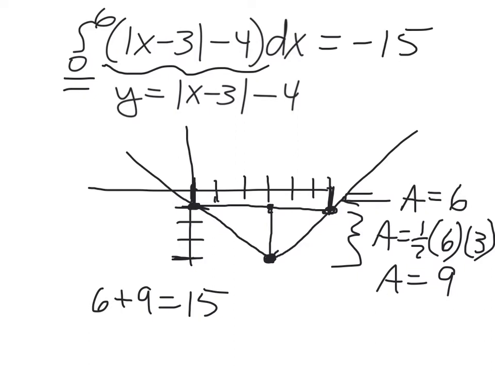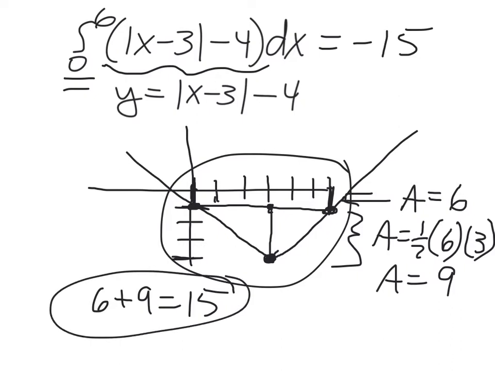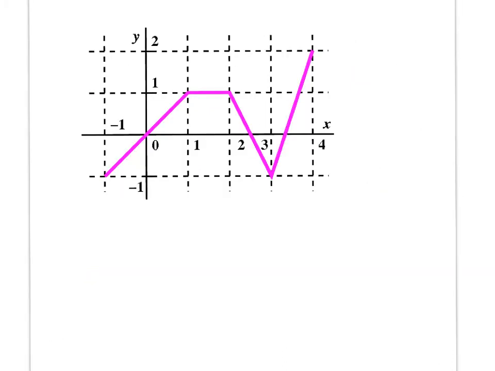Okay? So technically we could have calculated this area and then recognized the area, all of it is below the x-axis, so we could say this definite integral value would be -15, the negative of the area. Okay? Questions?